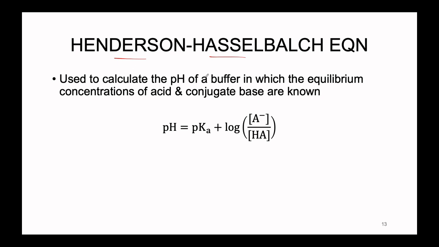This is used to calculate the pH of a buffered solution in which the equilibrium concentrations of your acid and your conjugate base are known. And because this is a buffered solution, your equilibrium conditions will be similar to initial conditions. There's not going to be a lot of change here. This is exactly why we can use the Henderson-Hasselbalch shortcut.